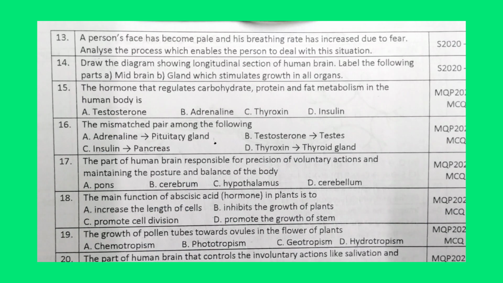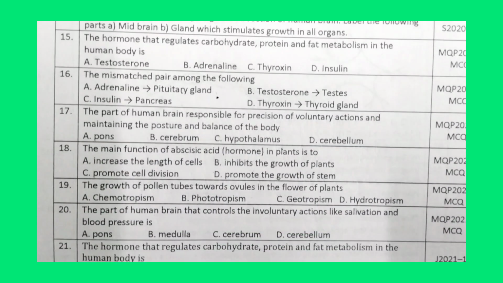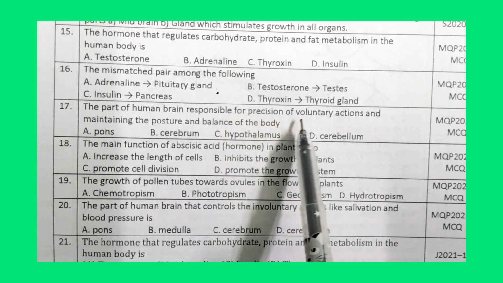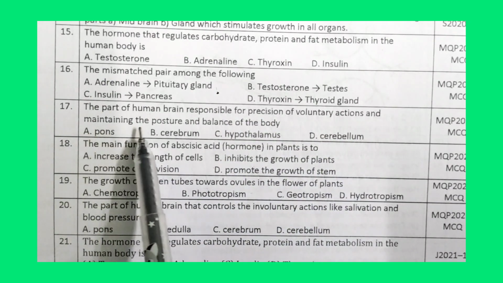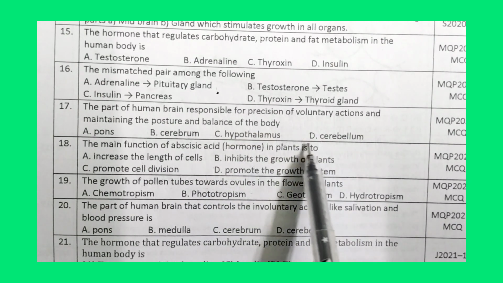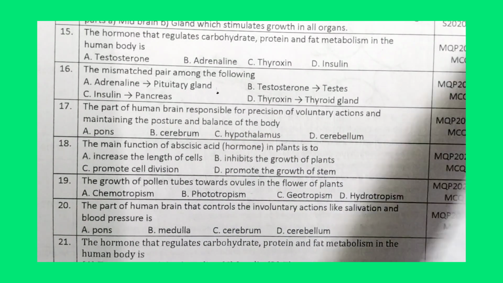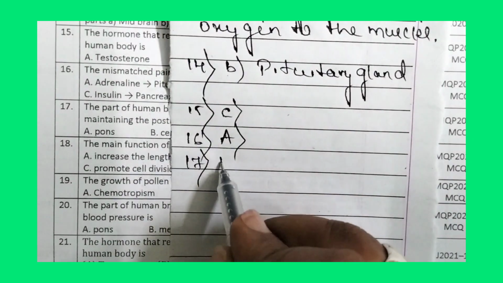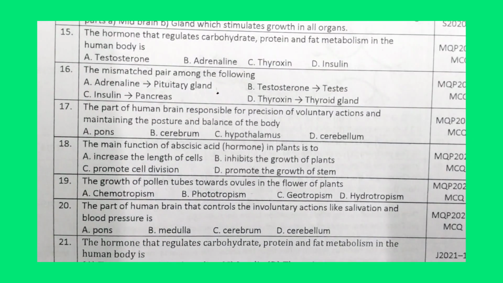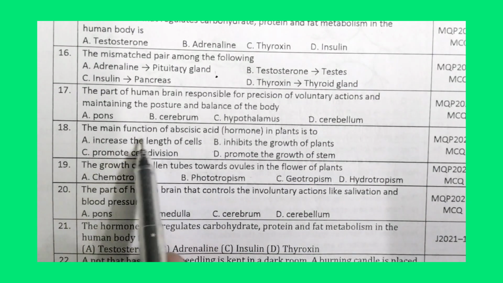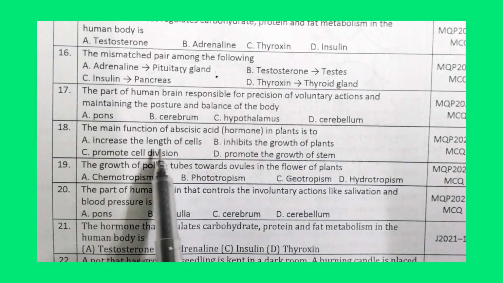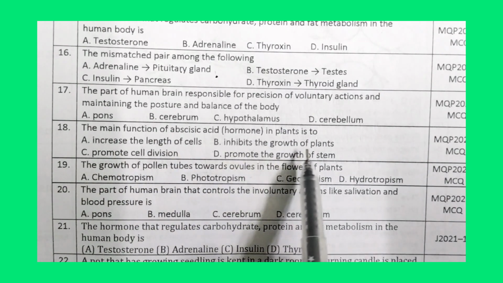Now 17th question. The part of the human brain responsible for precision of voluntary action and maintaining the posture and balance of the body, that is option D, cerebellum. For 17th question the right answer is option D. Now let us move for the 18th question. The main function of abscisic acid in plant is to increase the length of cells, inhibits the growth of plants.